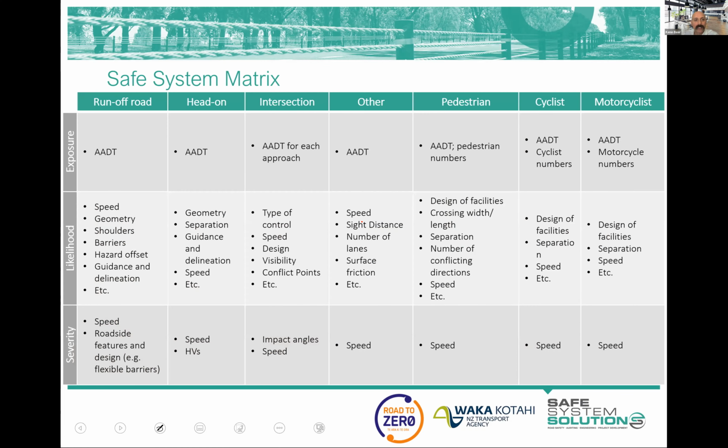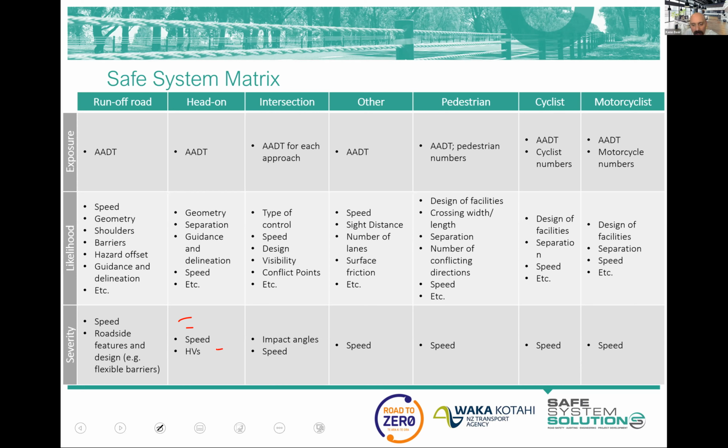And then just another clarification here. When you're on your matrix and in there and you've done the existing conditions, and you dot point all the factors that are contributing to your decision on that score. So you're dot pointing speed. You might say, well, there's lots of heavy vehicles.